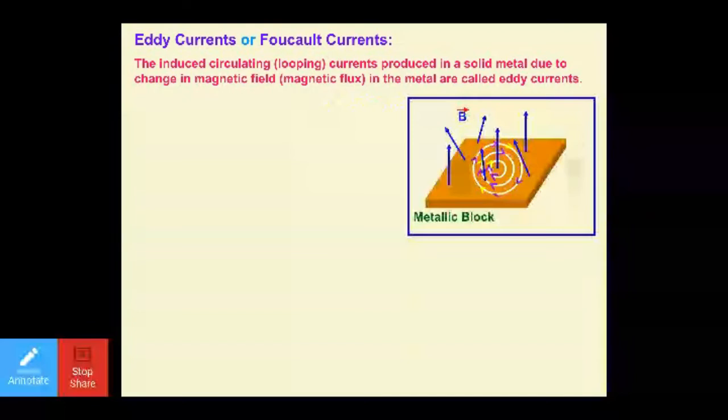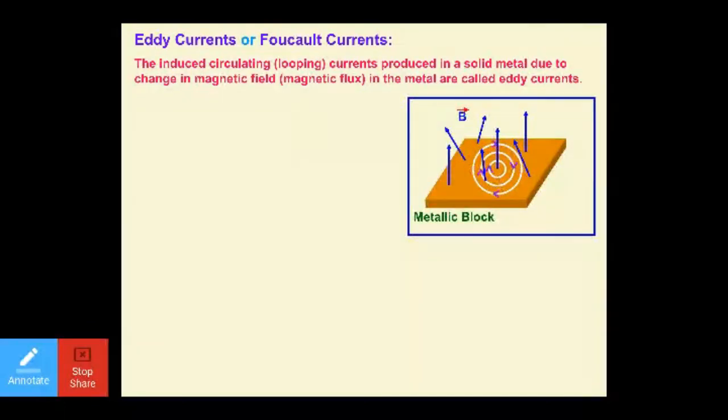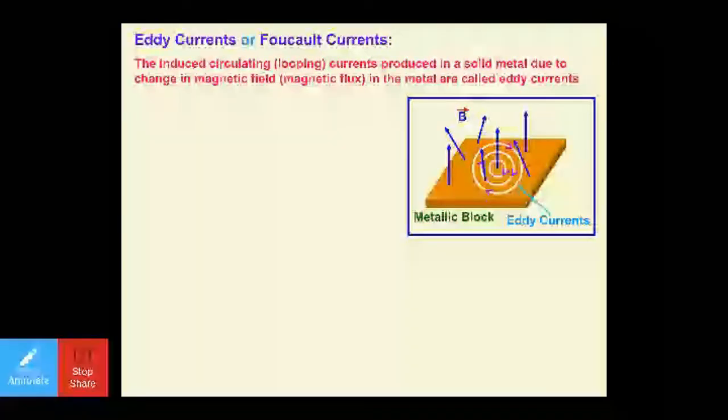So dear student, this current which you observe in the clockwise direction is known as Foucault's current or the eddy current. It is known as eddy current because it will be in the form of eddies or whirlpools, or you can simply say like waves, right? And it is known as Foucault's current after its discoverer, right?